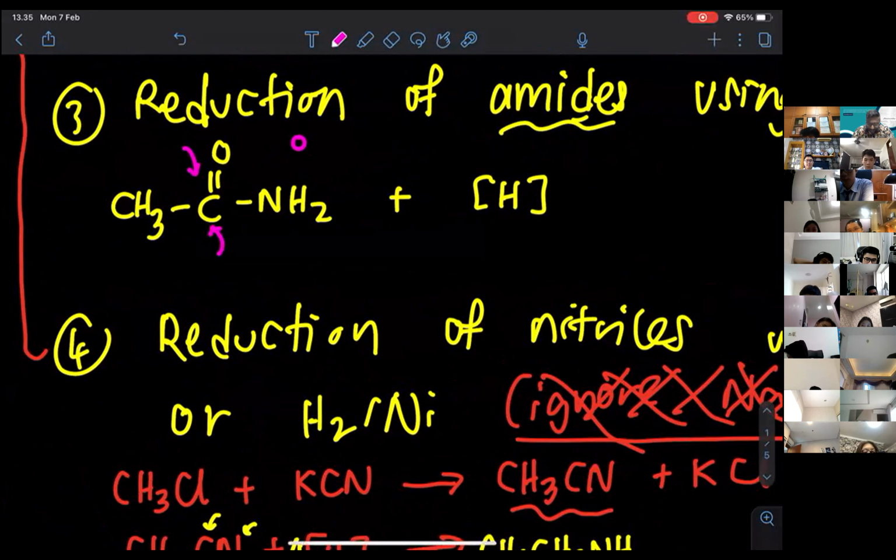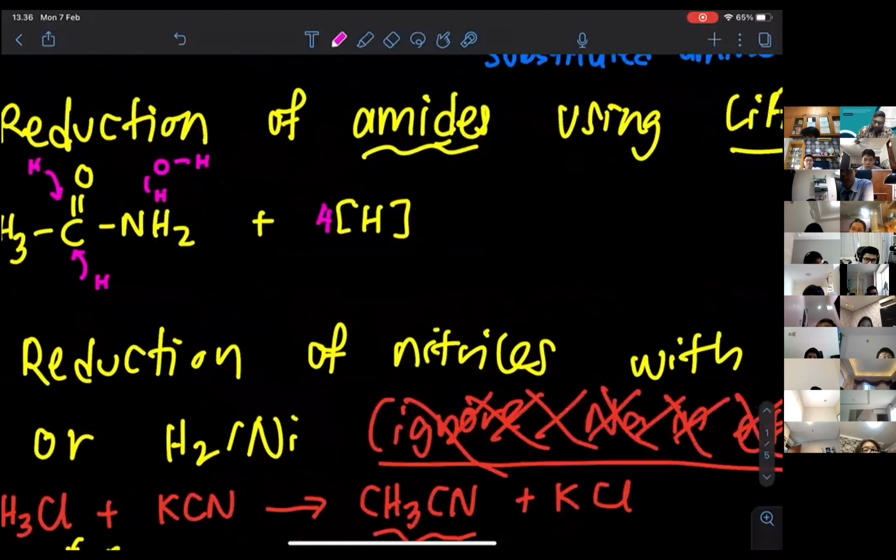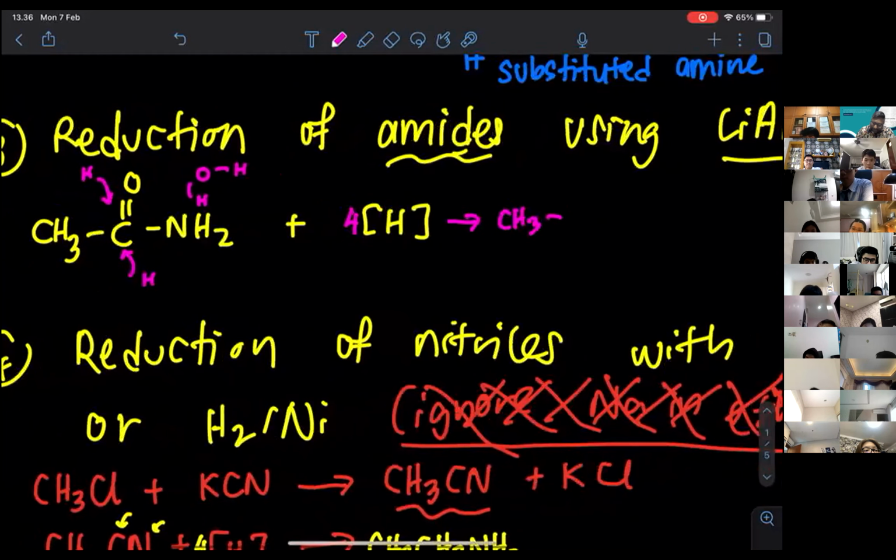Then the O came out, so the hydrogen will join here and also join over here. How many hydrogen do you need? You need a total of 4 hydrogen. So you are going to get CH3, CH2, and NH2. So this is also an amine.